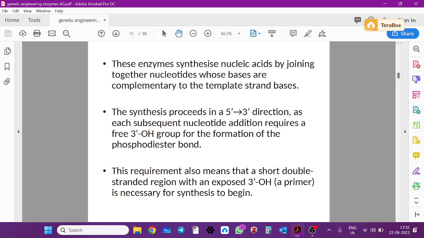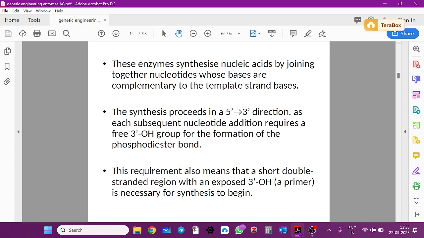PPi, pyrophosphate, this will be removed. And a lot of energy will be released.